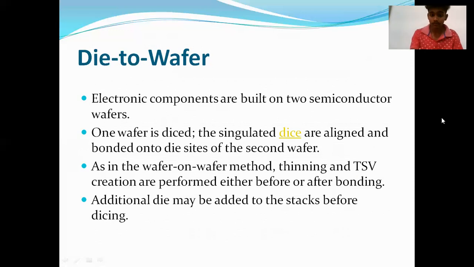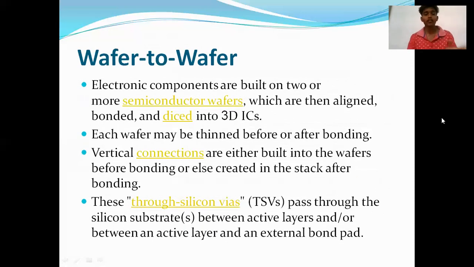And coming to the wafer on wafer method, electronic components are built on two or more semiconductor wafers, which are then aligned, bonded and diced into 3D ICs. Each wafer may be thinned before or after bonding.